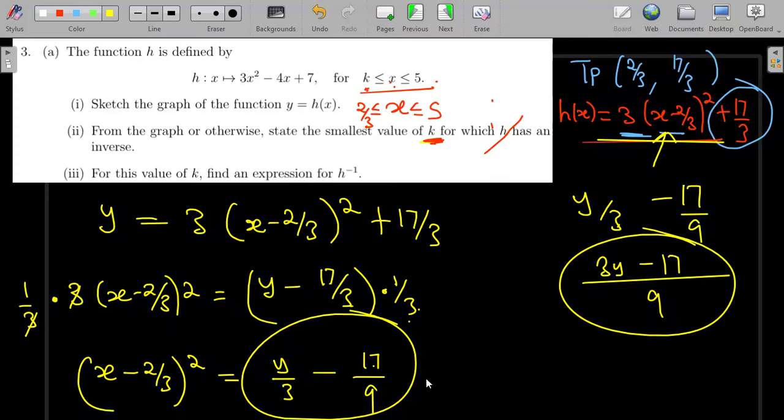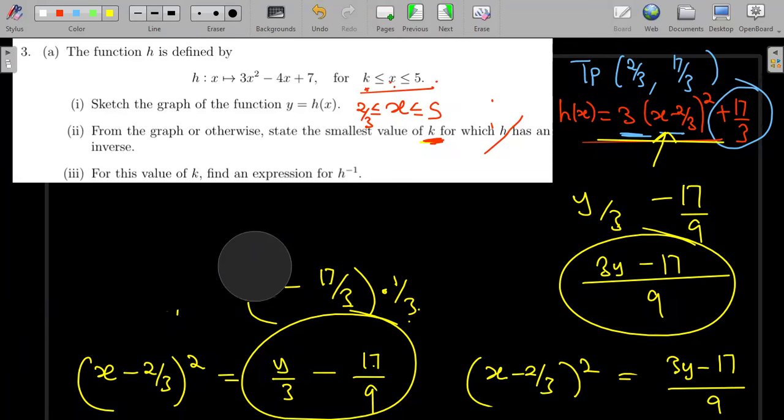So when we combine, we get this. It means I have x minus 2 over 3 squared is equal to 3y minus 17 over 9.